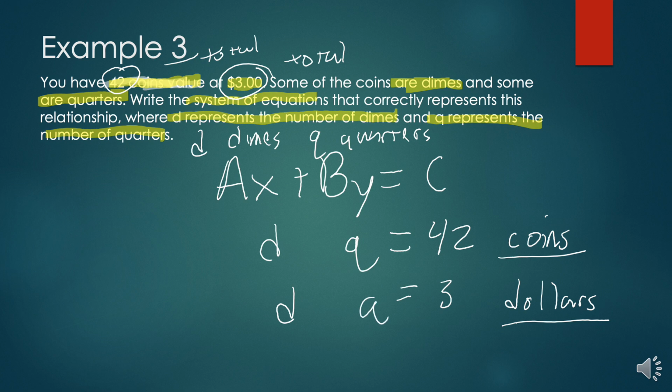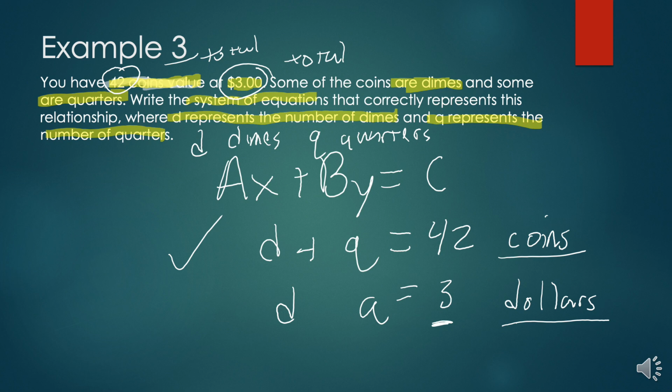Now, this is where the first one gets a little interesting. So the number of dimes plus the number of quarters gives me 42 coins. So this one's actually good to go because dimes plus quarters gives me a total of 42 coins. So the first equation is good to go. Now, the second equation though, since we're talking about money here, we got to think about how much a dime is worth.